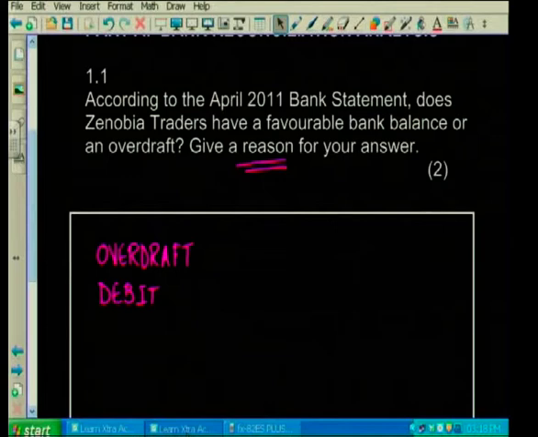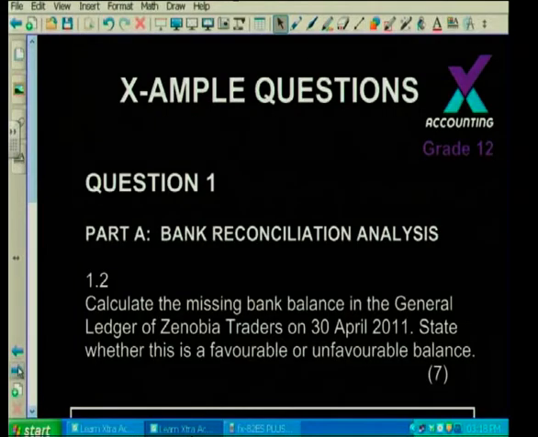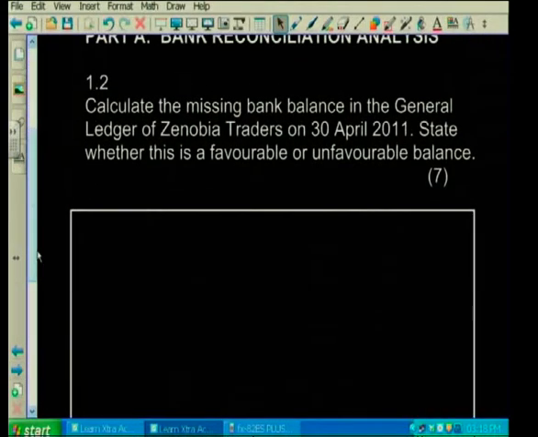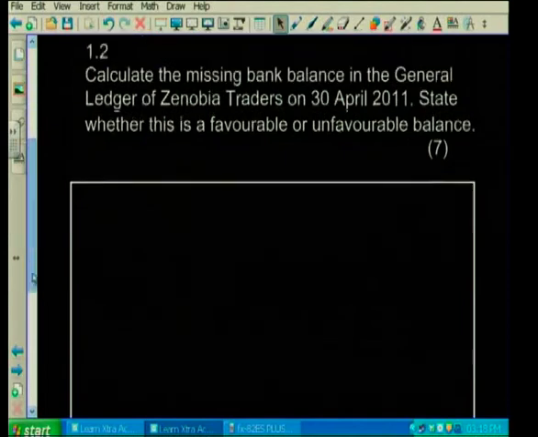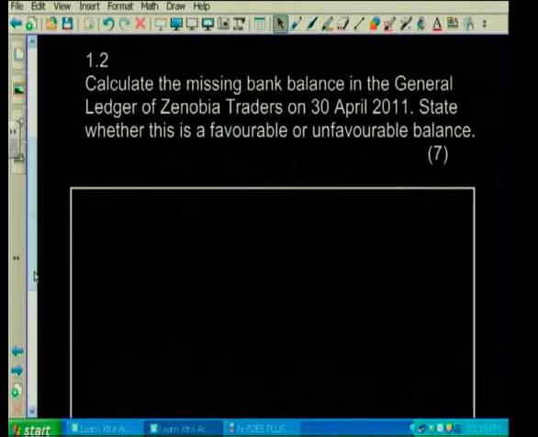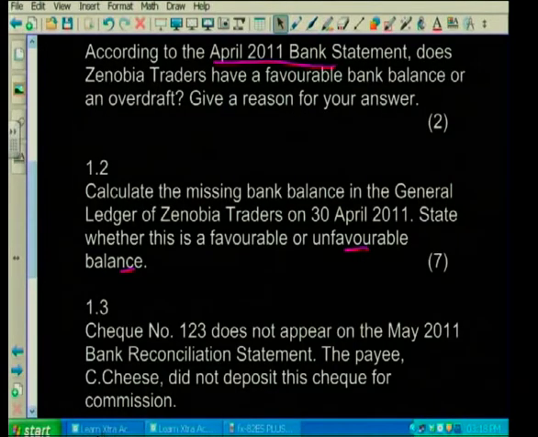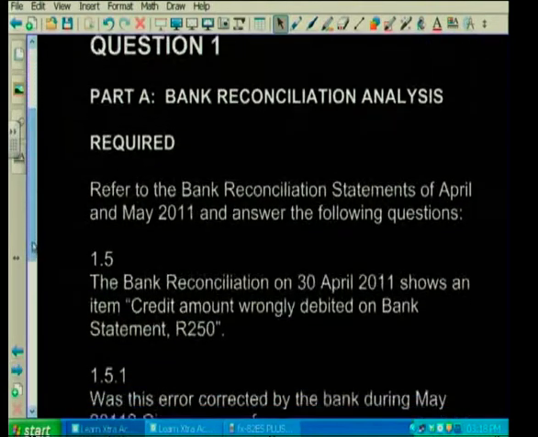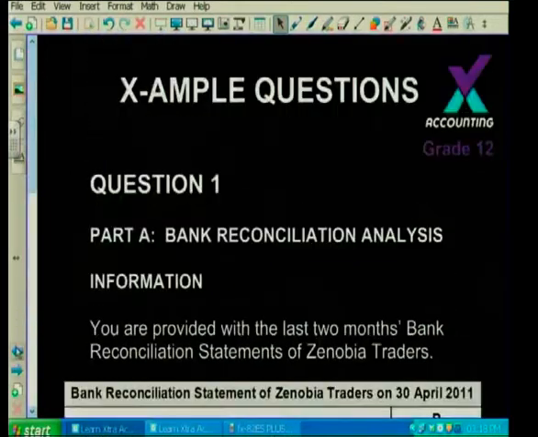Okay. There's my question once again. Note what we've done for you. In the answer book as well, we've got the question so you can see exactly what are we talking about. Now, let's start by saying, look at my question. If I were to do this here in terms of my balance.